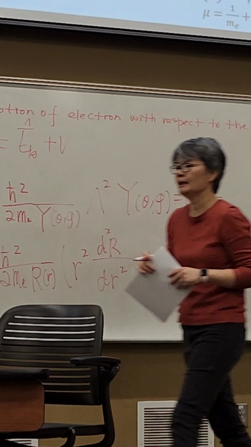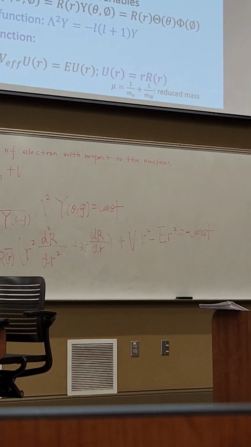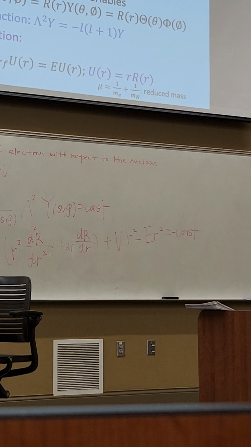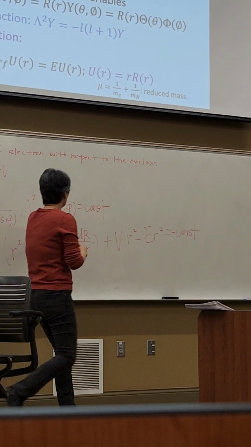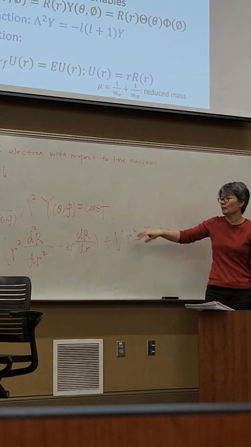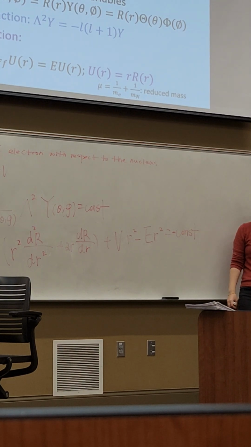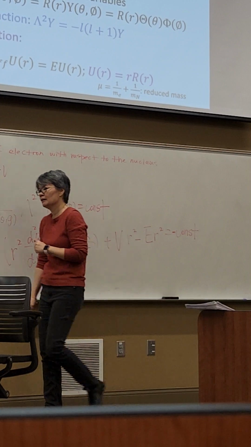Okay, all right. So if you evaluate this, do the separation, you're going to split it into two parts, the angular component and the radial component. So for this particular equation, using the separation of variables works, all right?